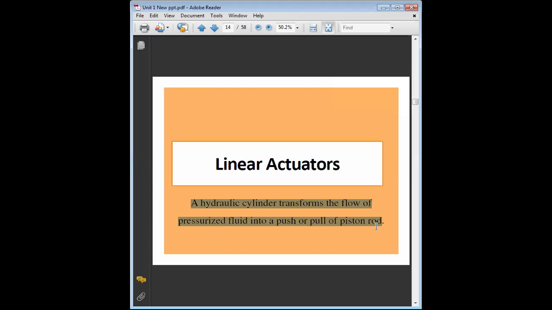Now, is the concept of linear actuator clear, everyone? Did you get the meaning of linear actuator, linear motor, or hydraulic cylinder? What is the function of this?